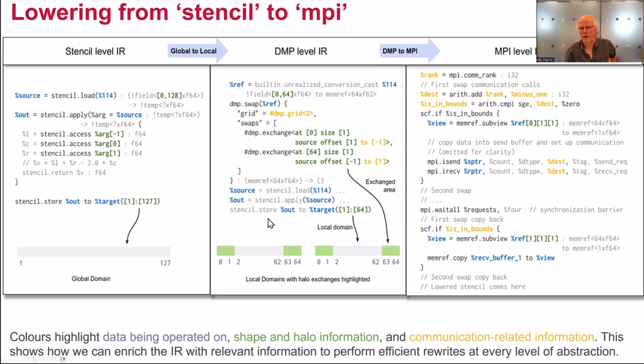Here's the distributed memory parallel version of that same thing. And then here it is lowered to actual MPI calls that you might recognize. For your problem, you might well need MPI, but you may well find that our distributed memory parallelism model is a little restrictive for your problem. You may well find that the stencil is not what you need, and you will need to define your own MLIR XDSL dialects for these.